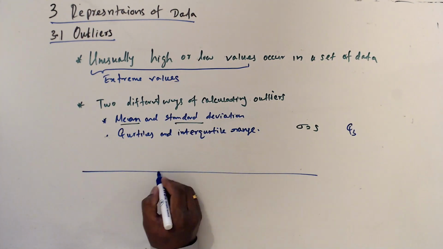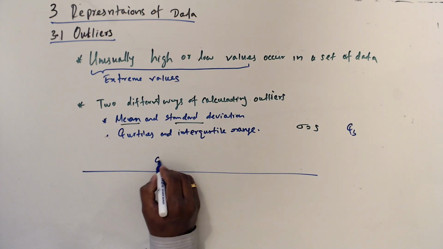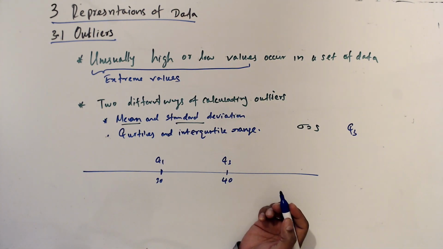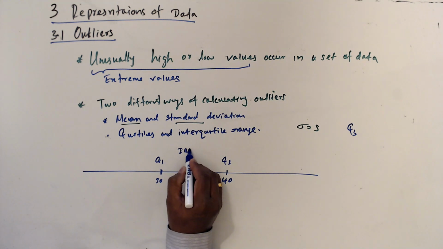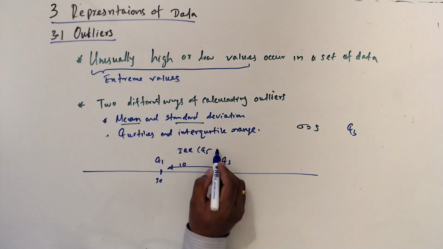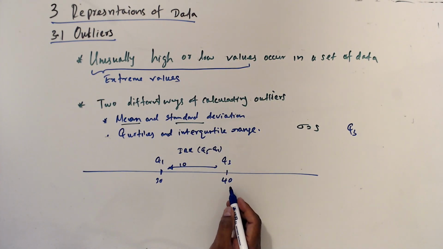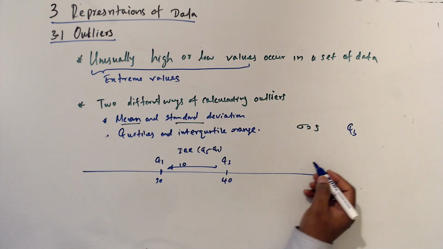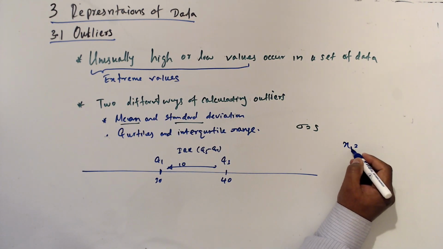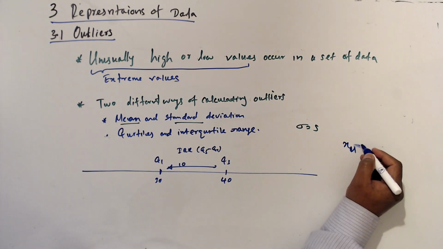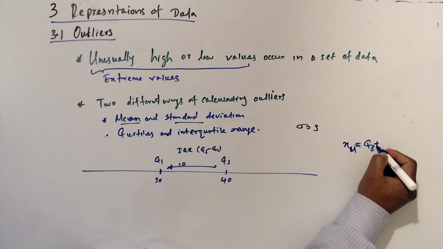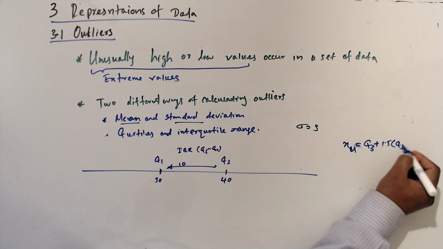Assume Q1 is 30 and Q3 is 40. What is the IQR? Q3 minus Q1 is 10. Then the upper outlier boundary is Q3 plus 1.5 times (Q3 minus Q1).